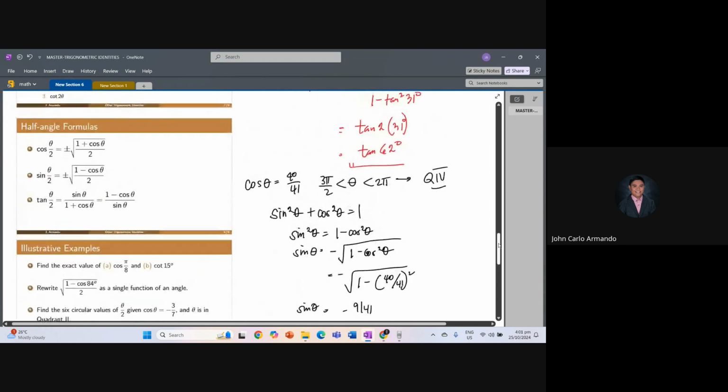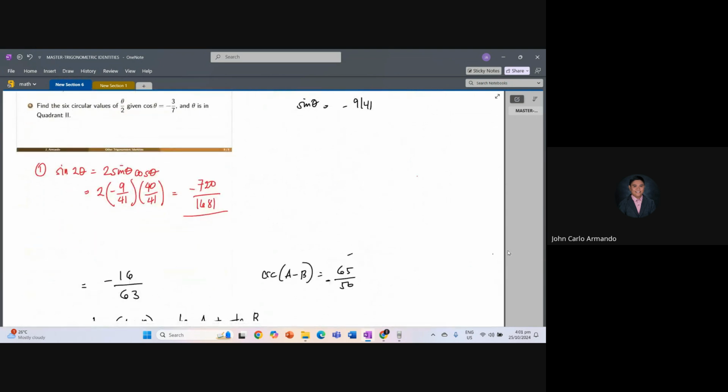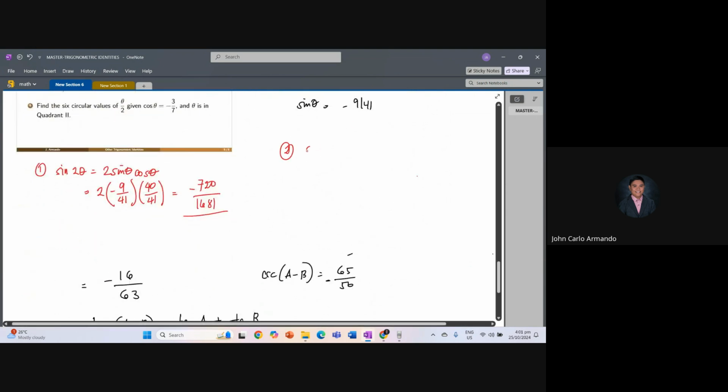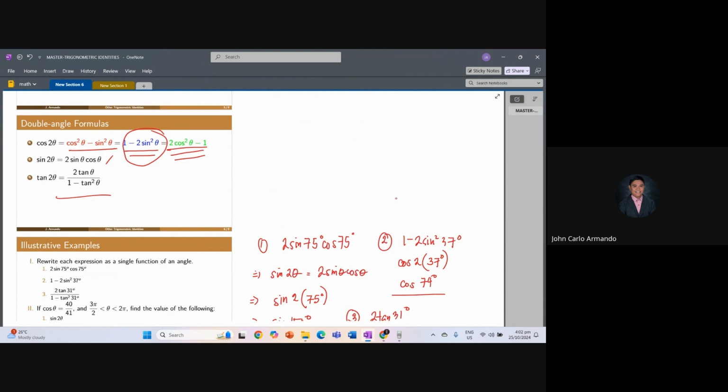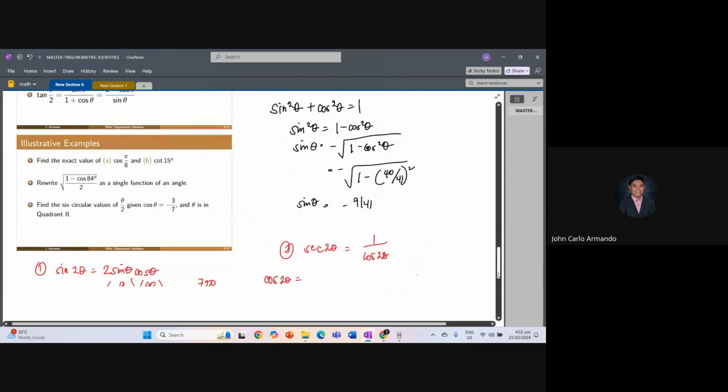How about the next problem? Secant 2 theta. We know that secant 2 theta is the same as 1 over cos 2 theta by reciprocal identity. So we are going to find first the value of cos 2 theta. Kahit alin sa tatlo yung pwedeng maging formula natin for the cos 2 theta. This one, another one, and another one. We can choose anything. I choose the green: 2 cosine squared theta minus 1.